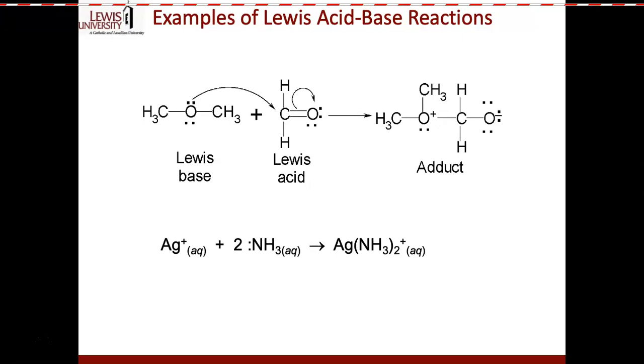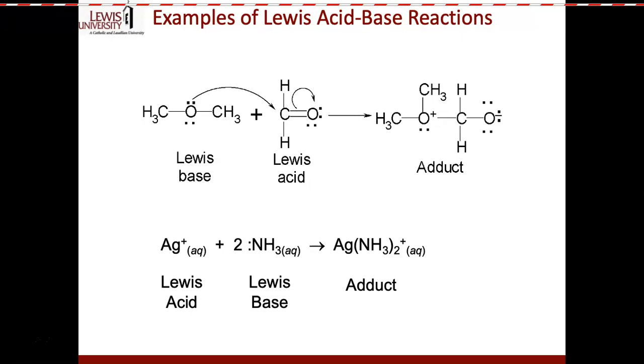The last example we're going to look at is when you have a metal ion like silver. Silver plus 1 and ammonia create this complex, this Lewis adduct, where we have silver with two ammonias attached to it.